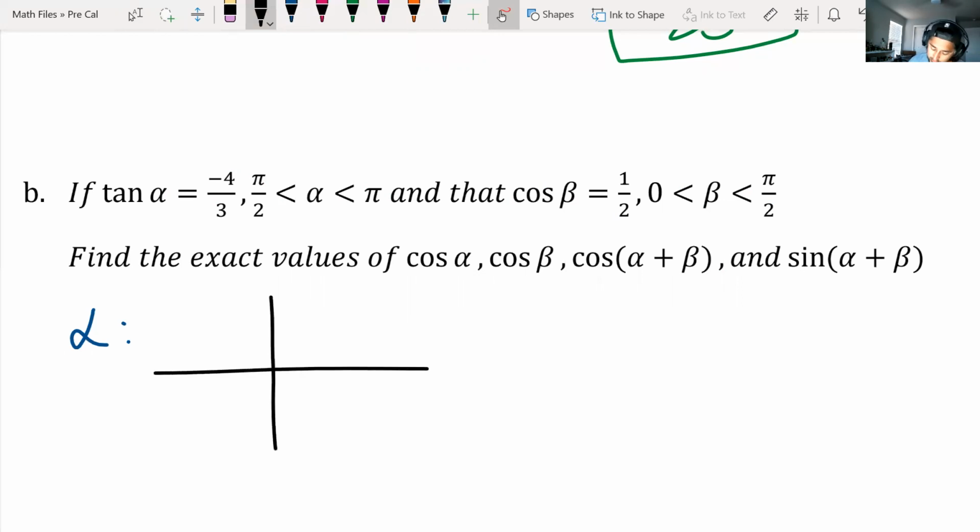And if we're stuck between pi and pi over 2, we must be in quadrant 2. There's alpha. And if tangent is -4/3, how do I label this triangle? Opposite 4, adjacent -3. Which means the hypotenuse has to be 5. Beautiful. There it is.